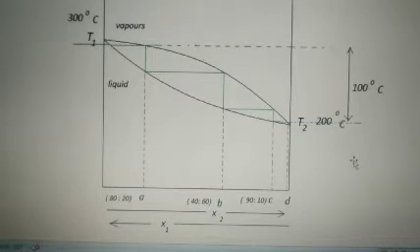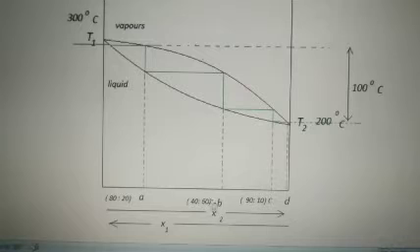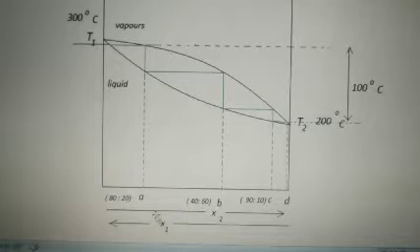This is a graph. That graph is between the mole fraction and temperature. At the bottom I have written x2, that is the mole fraction of the second component. This is x1, that is the mole fraction of the first component.